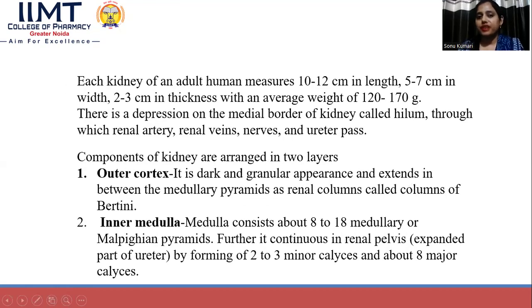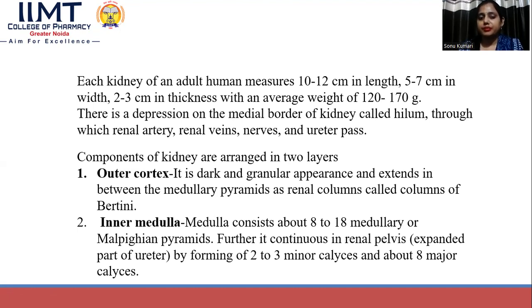Each kidney of adult human measures about 10 to 12 centimeter in length and 5 to 7 centimeter in breadth, 2 to 3 centimeter in thickness with an average weight of 120 to 170 gram.